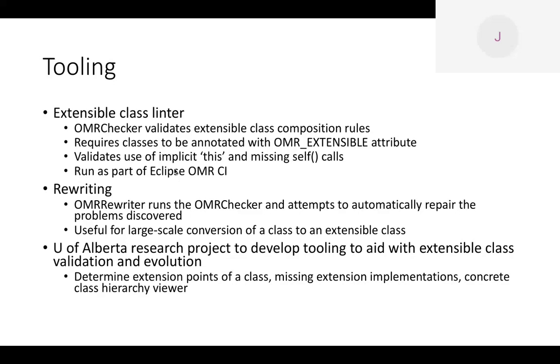Maybe there are parts of the hierarchy that we should have extended, but we didn't, that sort of thing. So they've been very helpful in developing some of this tooling. Maybe someday we can start using this in the validation parts of the build to give us more insights.